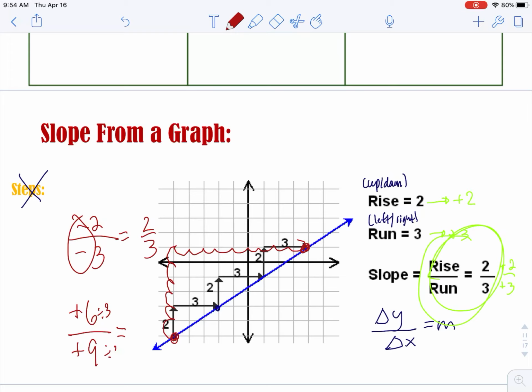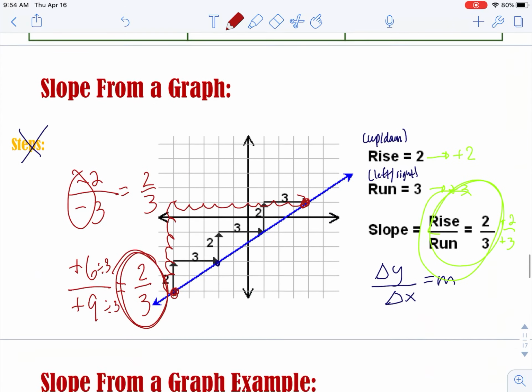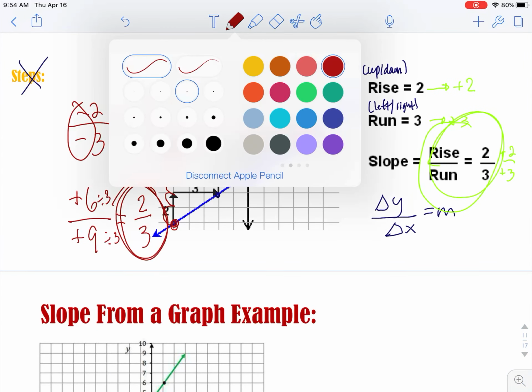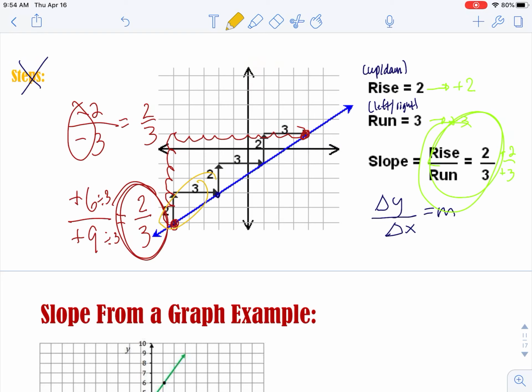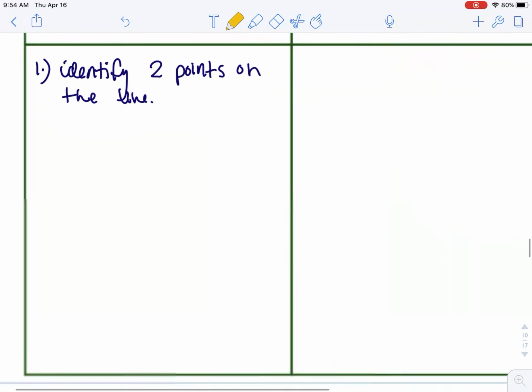These can both be divided by 3, and I get 2/3. So I still get the same slope regardless. It's constantly going to be that same slope. It's constantly up 2 to the right 3 to the next point, or down 2 to the left 3 to the next point. So you have the opposite slopes.